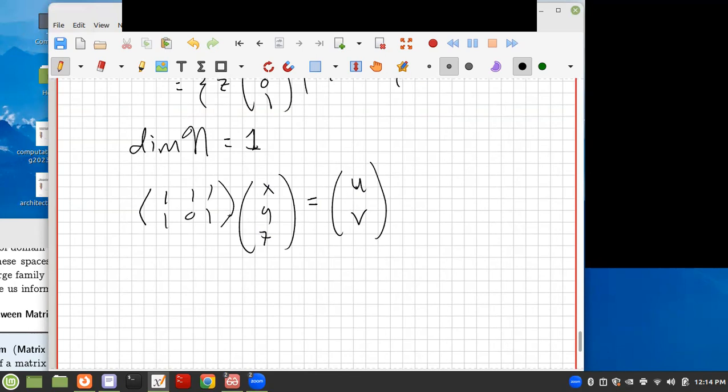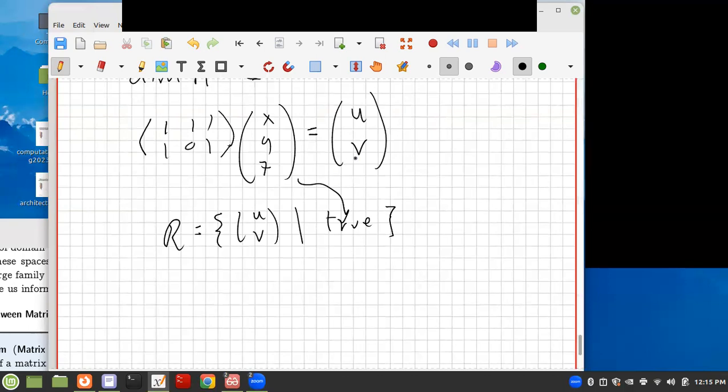So what I want is all the vectors u v, because the range space equals all the u v's such that this is true, right? So I want to solve this in some sense. What I want to do is find the u and the v in terms of X, Y, and Z, right?